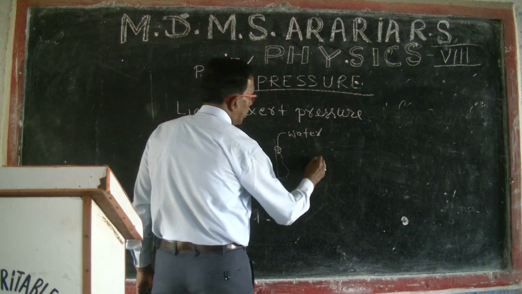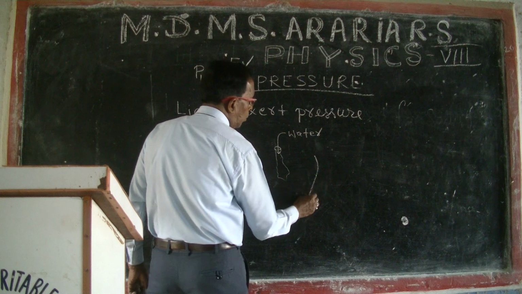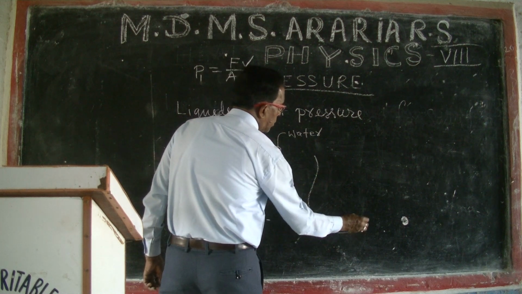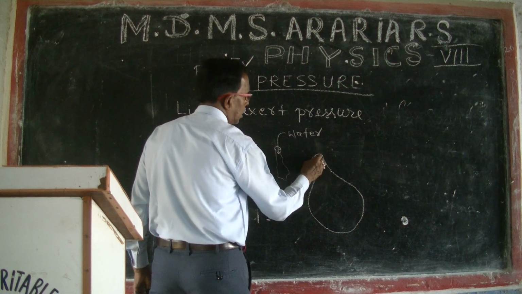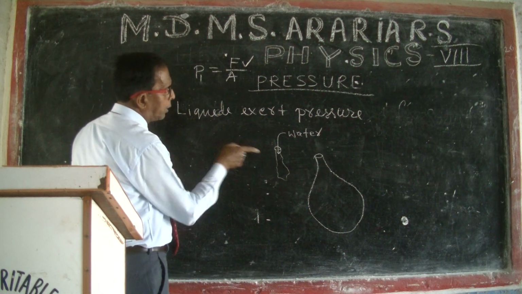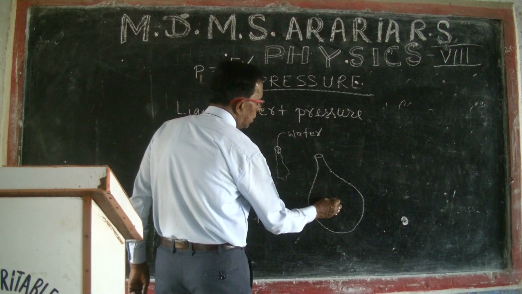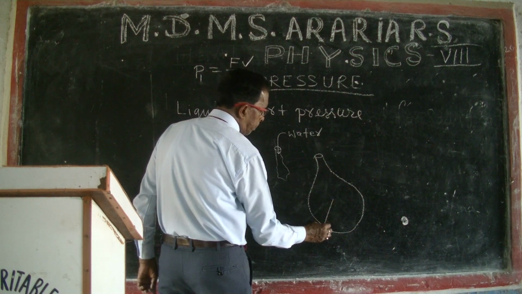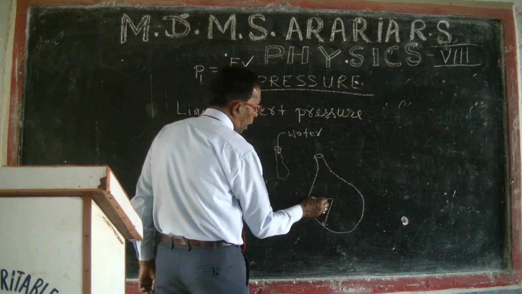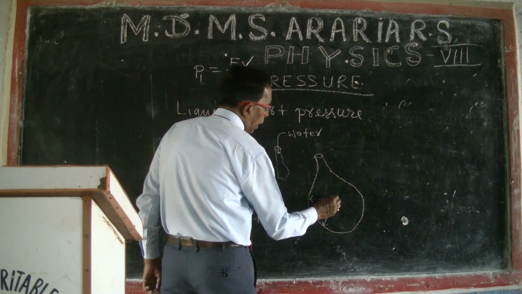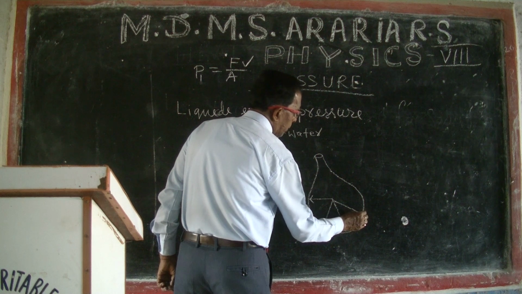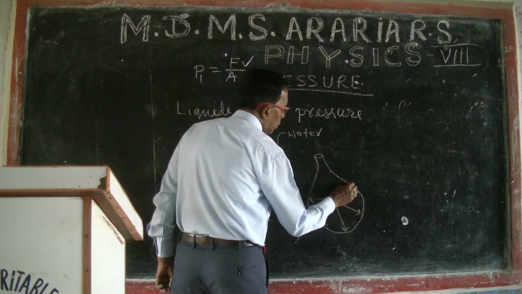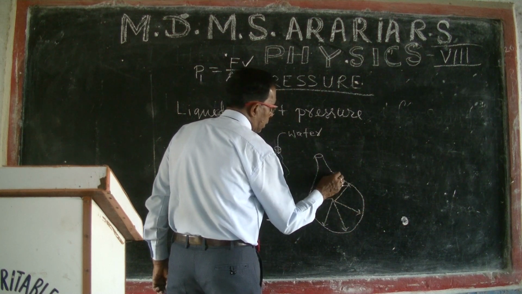After some time, the shape of the balloon is like this. Why? When the water enters the balloon, it exerts pressure on the walls of the balloon and its shape is changed. It becomes spherical.